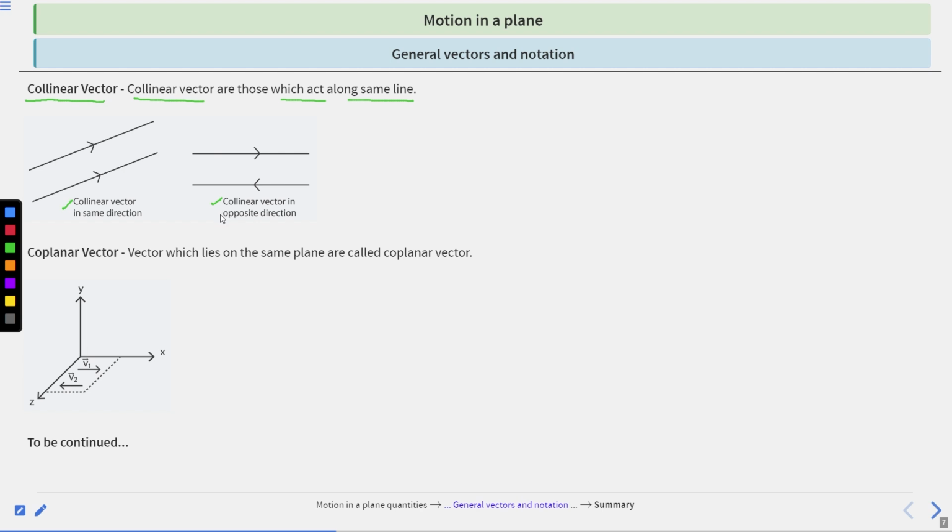Clear? And coplanar vectors are vectors which lie in the same plane. Clear? This is the coplanar vector. This v1, v2 are coplanar because they lie in the same plane, the x, z plane. Clear? So these are the general vectors and their notations.